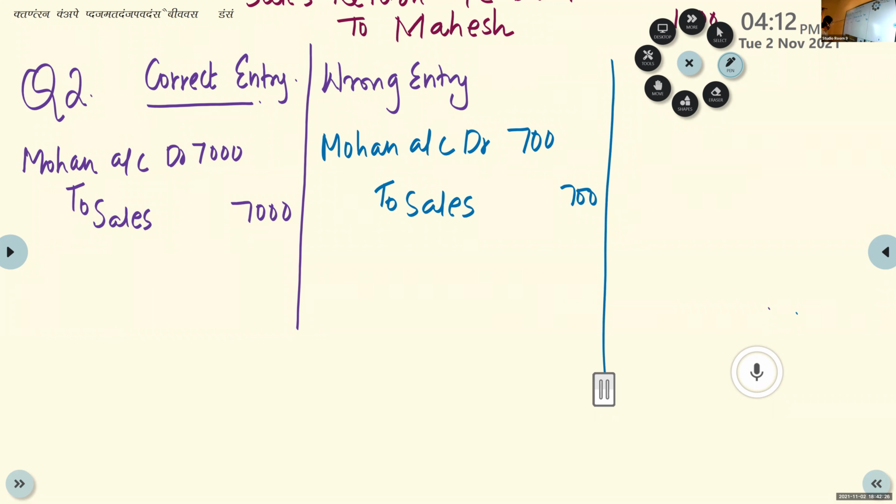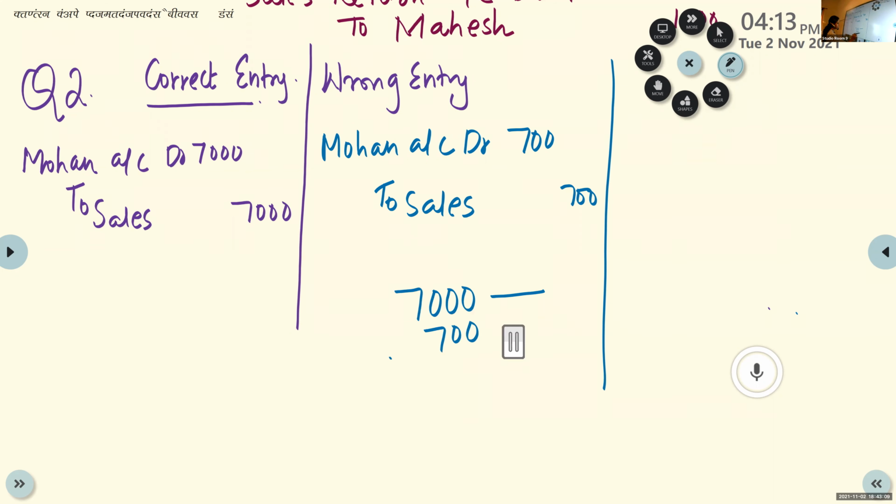Now, how do you correct this? Rahul, how do you correct this? The mistake is only in the amount, and that too on both sides. Instead of 7,000, we have written only 700. So what should be done? The deficient amount should be added. Actually, it is 7,000 and we have written only 700.